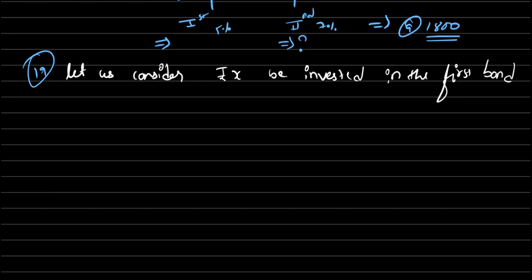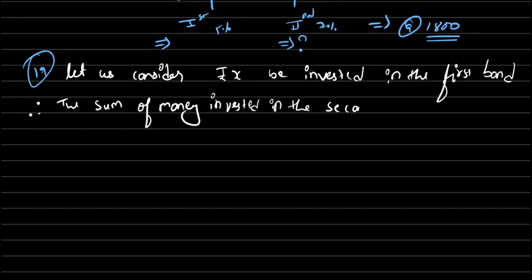Therefore the sum of money invested in the second bond will be rupees 30,000 minus X. I hope you are getting it, whatever the amount may be.